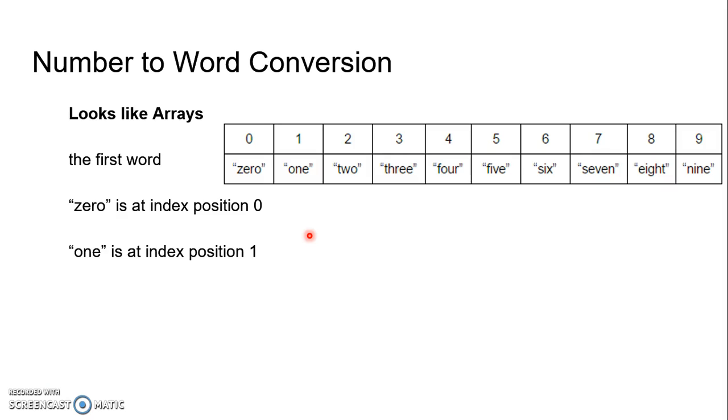The next, ONE, is at index position 1, and so on till NINE is at index position 9. I hope you can compare how this looks very much like an array.